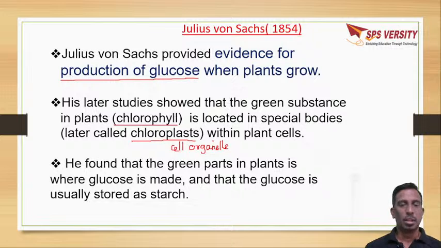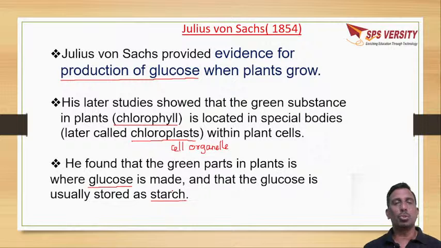What he observed is that in the green parts of the plants, glucose is made. This glucose is stored in the form of a polysaccharide, that is starch.